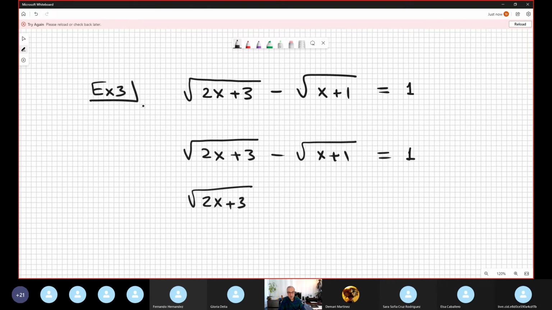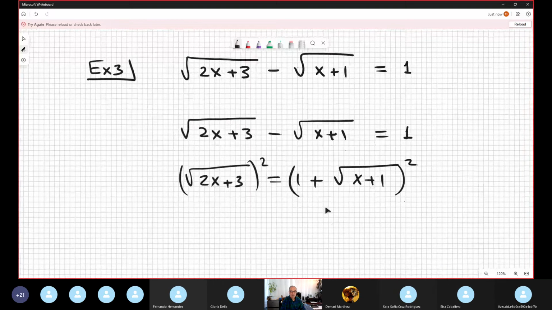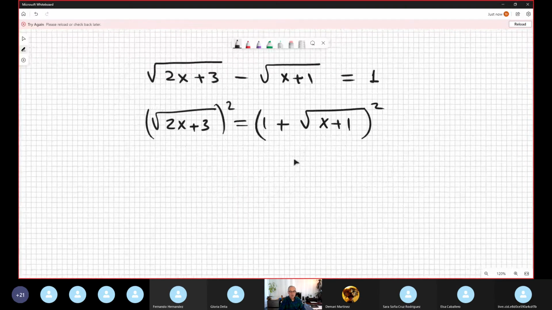Either way, you isolate the first or the second, it doesn't matter. I move radical x plus 1 to the right hand side, and you apply the key idea: square both sides. And when you square, this radical is gone.